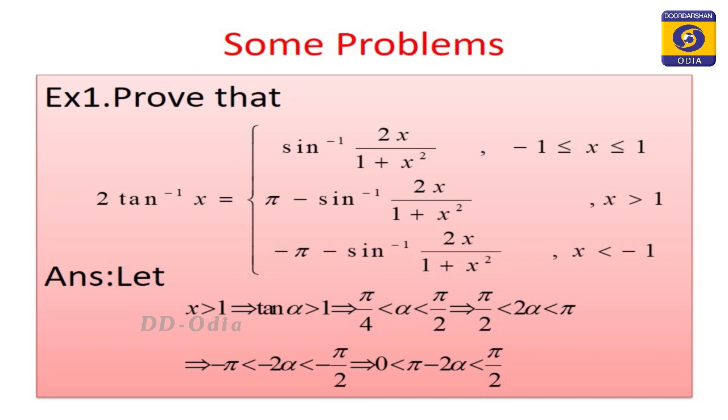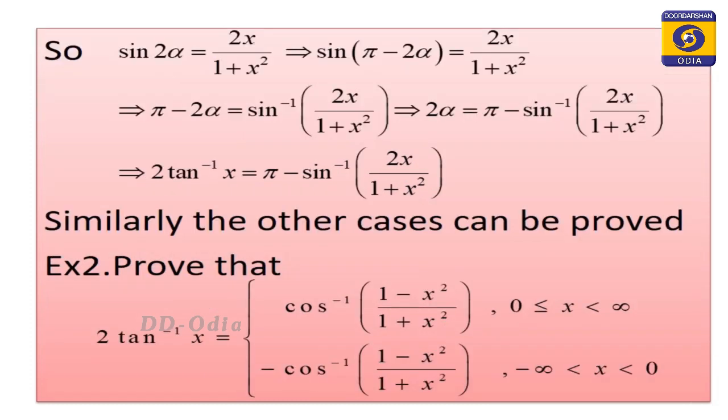Now use sin 2 alpha is equal to 2 tan alpha by 1 plus tan square alpha. In place of tan alpha, put x. So sin 2 alpha is equal to 2x by 1 plus x square. Now sin of pi minus 2 alpha is also 2x by 1 plus x square.